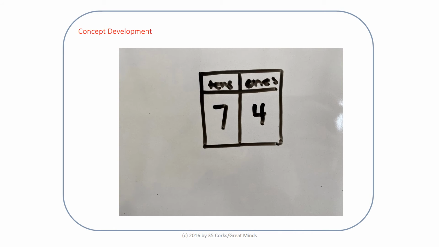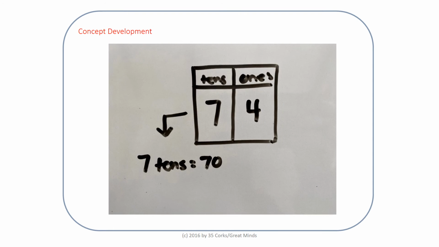I have the number 74. What does the digit 7 stand for? 7 tens. 7 tens is the same as 70. What does the digit 4 stand for?